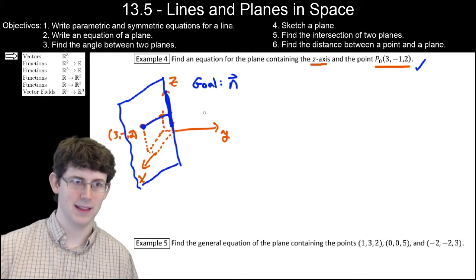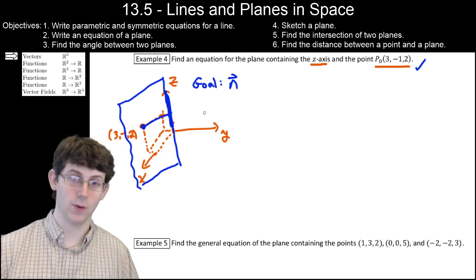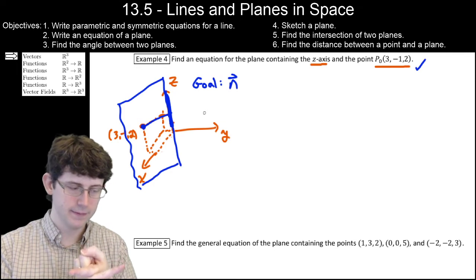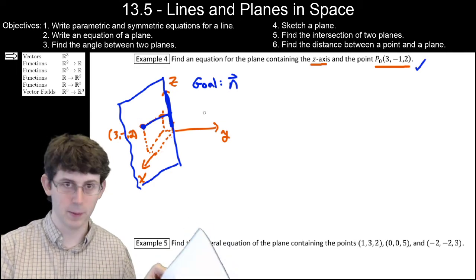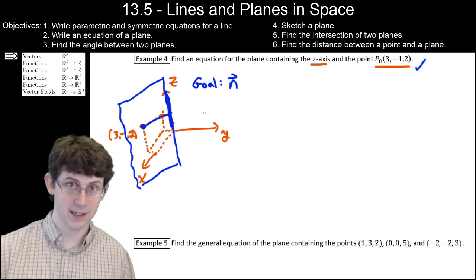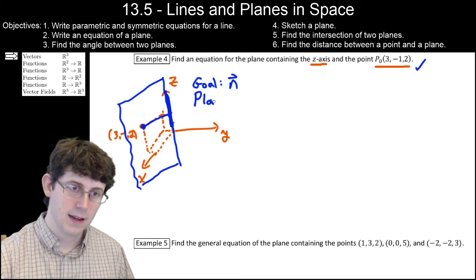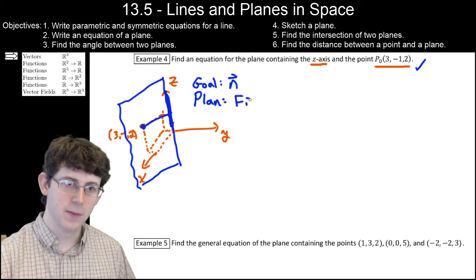One way to find a normal vector would be to find two vectors that are in the plane, and take the cross product of them, and I would get a result that is perpendicular to both. So the plan: find two vectors in the plane.